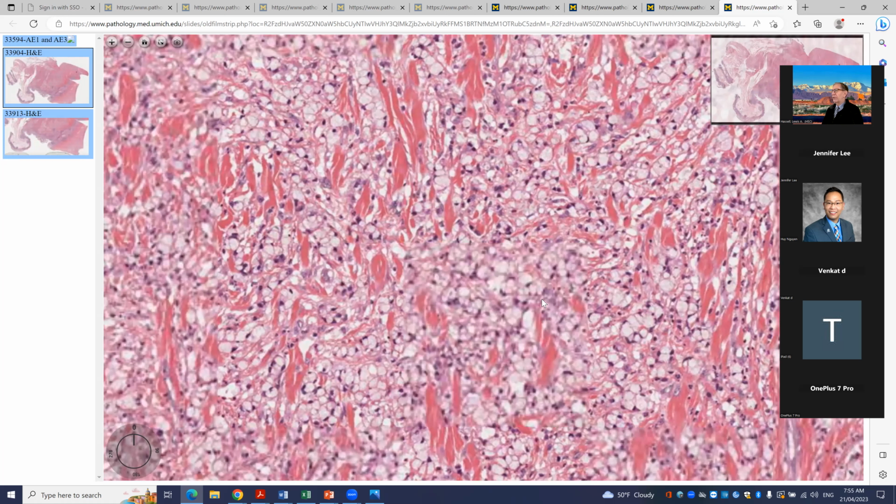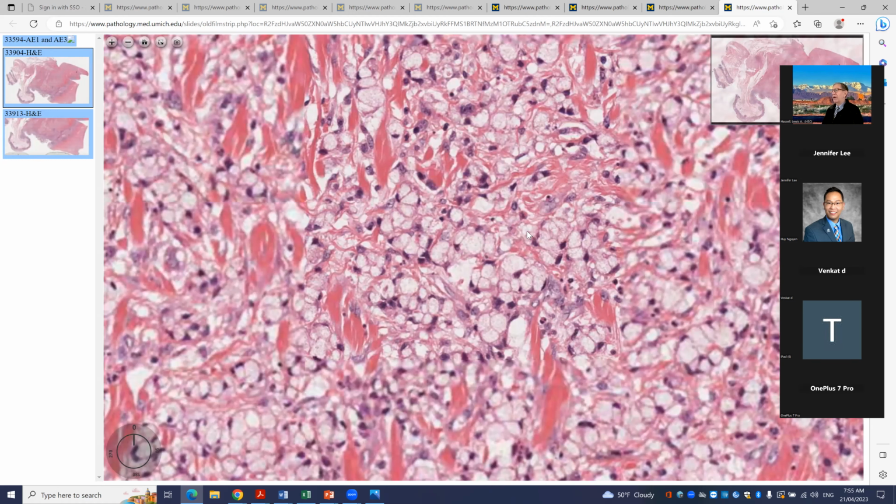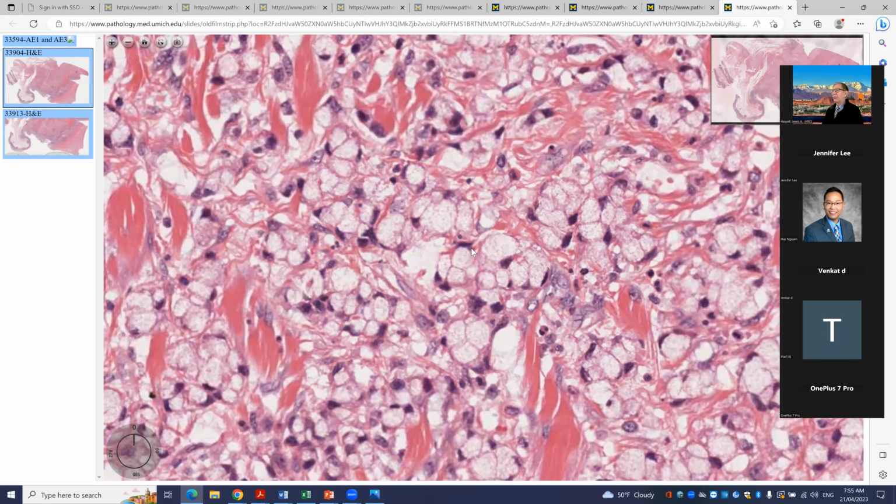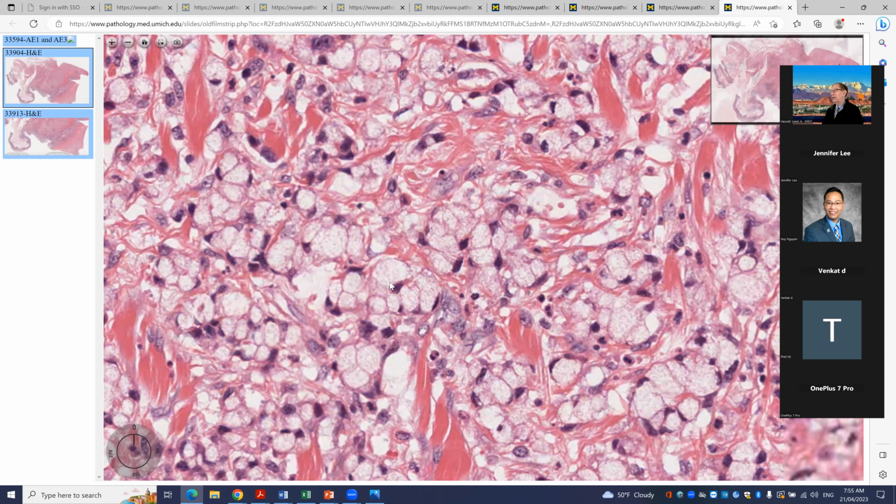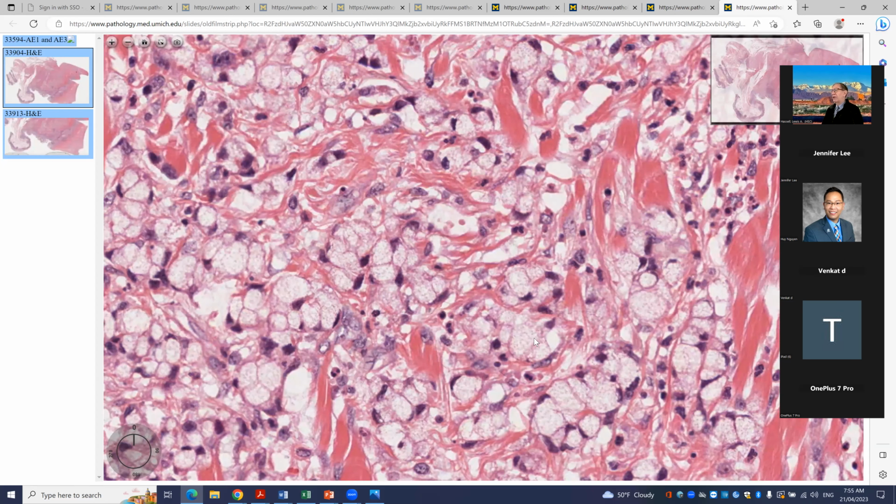And as you look at this process, you see lots of clear cytoplasm with peripheral nuclei, the classic signet ring cell morphology. And so what's our differential with this sort of morphology? Well, primary tumors, of course, we would think about that.